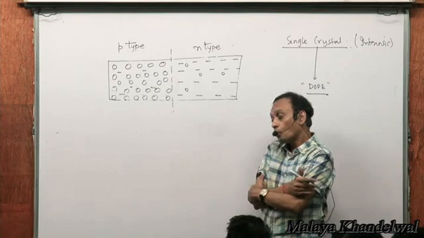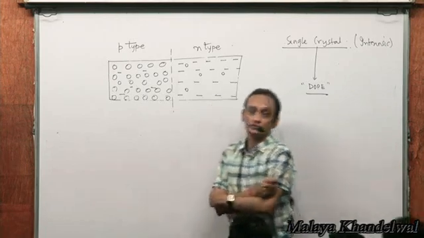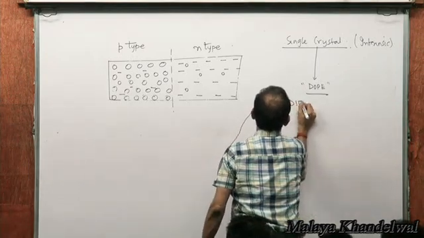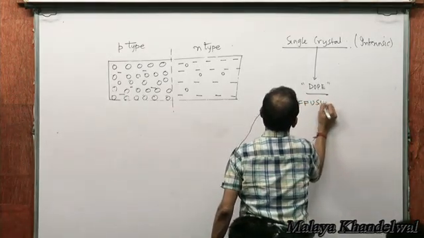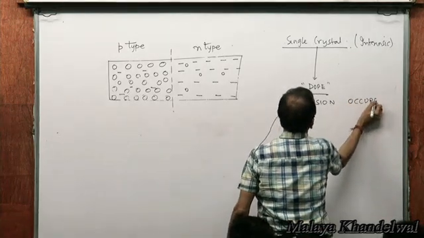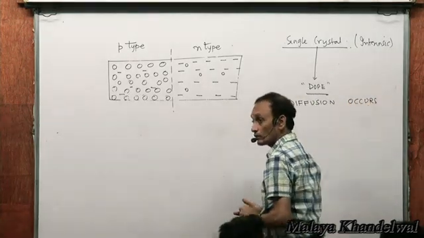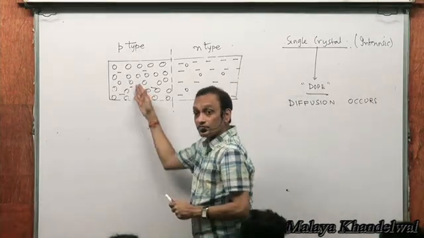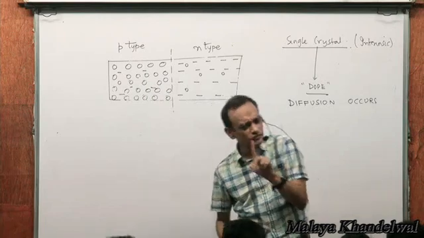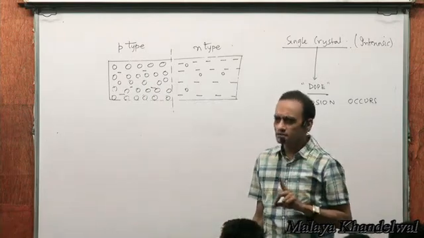Now, what becomes the premise for diffusion? So there would be diffusion that takes place here. Let's understand. Diffusion occurs. Now, what would be the premise of diffusion? What causes diffusion? Difference in concentration levels.